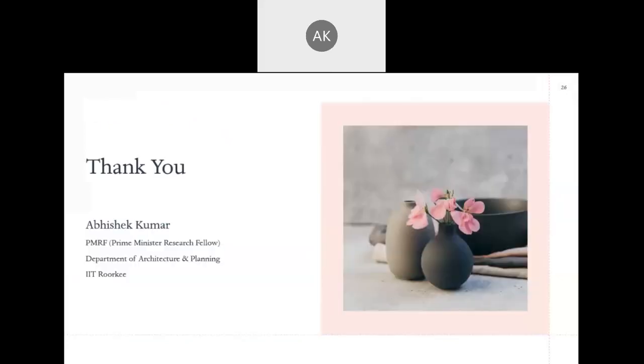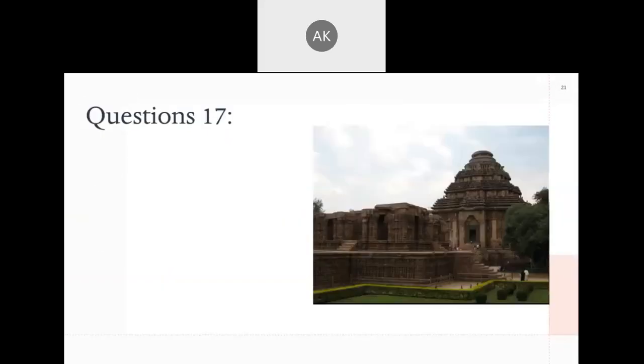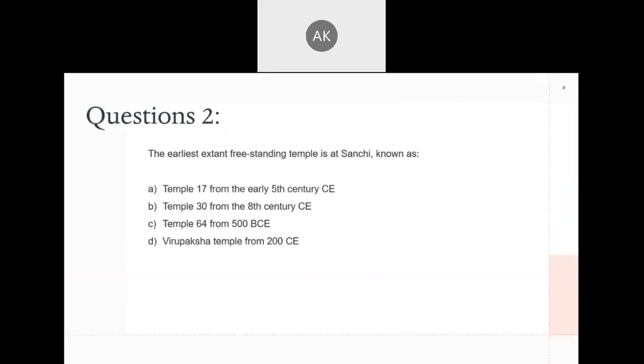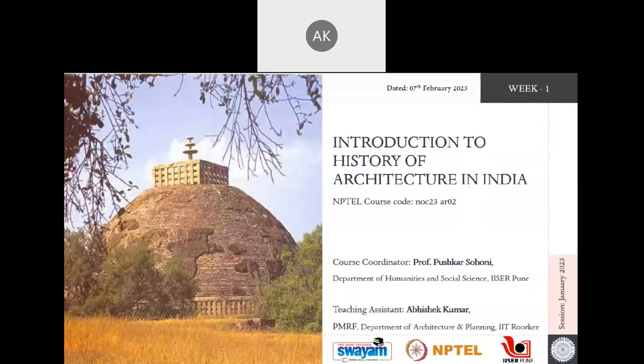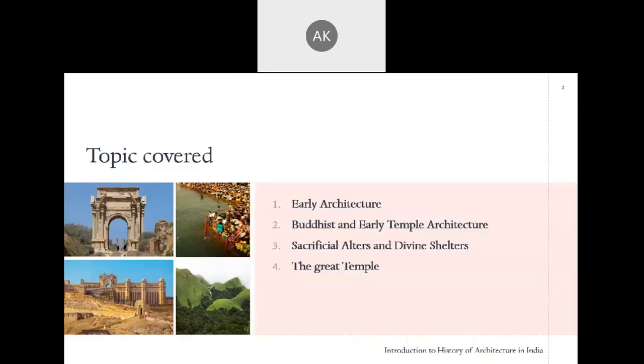Okay, so let us revise. We have gone through several questions. The topics covered in the first week were early temple architecture, Buddhist and early temple architecture, sacrificial altars and divine shelters, and the great temple.